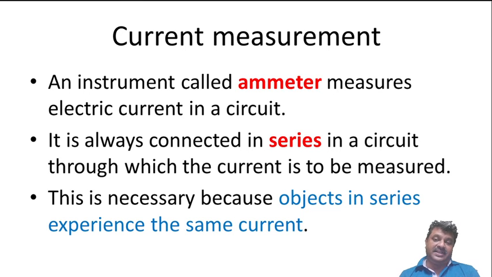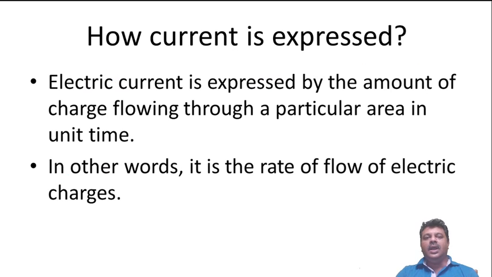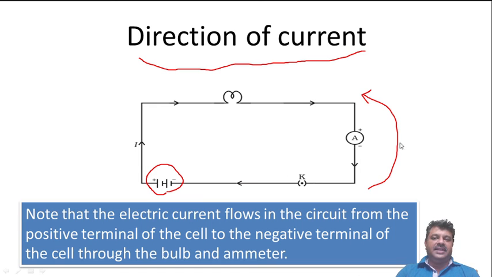Because only objects connected in series experience the same amount of current. How do we understand that? We have a battery. Current is flowing through this bulb, through the switch and going back to the negative terminal. This is an ammeter, now connected in series.